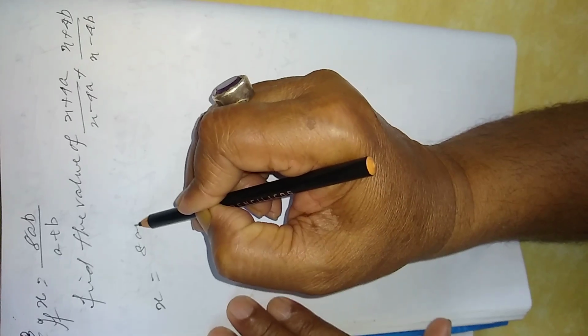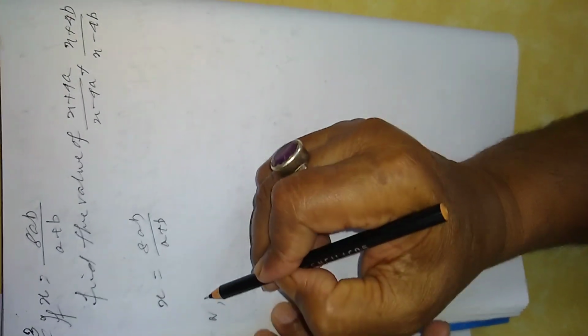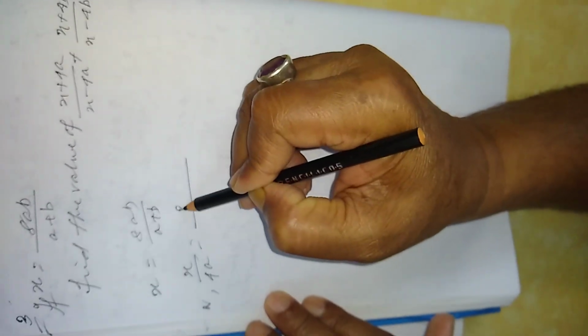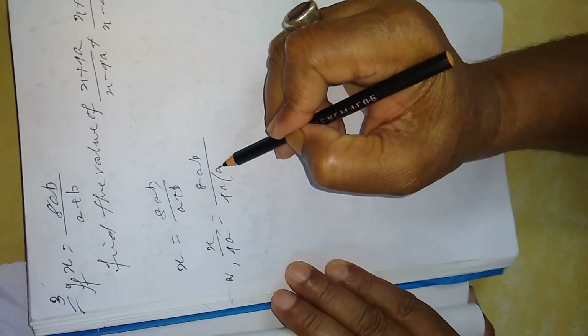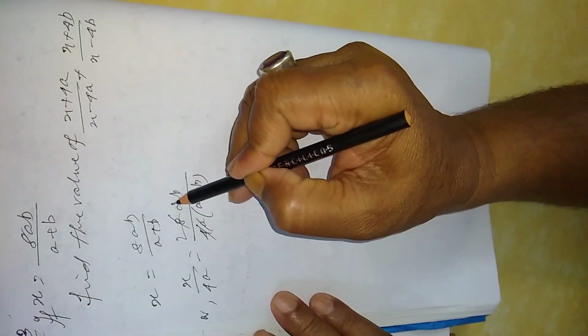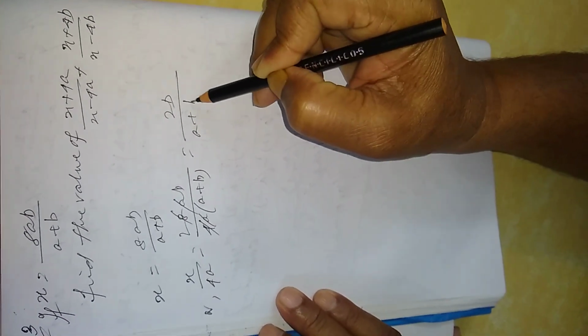x is equal to 8ab by a plus b, dividing both sides by 4a. What will happen? x by 4a is 8ab over 4a into a plus b. 2 into 8, a cancel, that is 2b by a plus b.